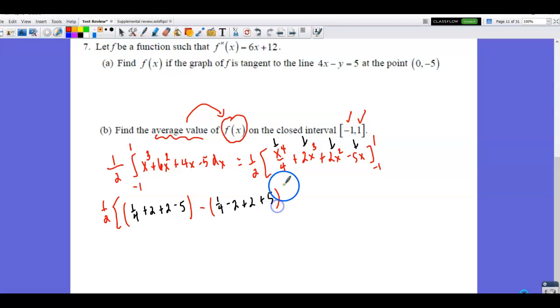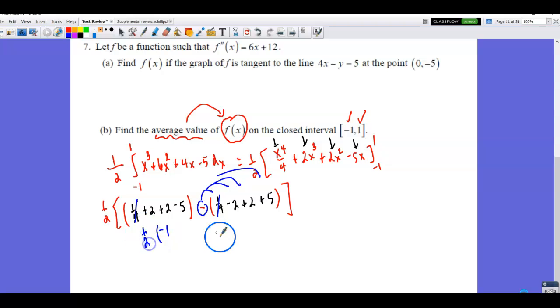Now instead of cleaning up the inside of each of them, I try to look for ways to make my life easier. There is subtraction right here, which has to go to all the numbers whenever I do the arithmetic. So when I take +1/4 minus 1/4, my fraction issues are gone. So now at this point, I think I will clean up the inside. 2 plus 2 is 4. 4 minus 5 is -1 on the inside.